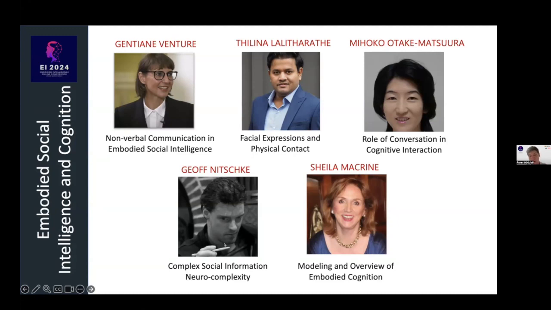He was explaining additionally neurocomplexity, like how the size of the brain has evolved. Does it matter if we have a bigger brain or a simple brain? This was all discussed by Joff in the context of complex social information.